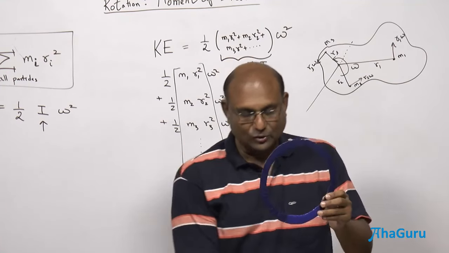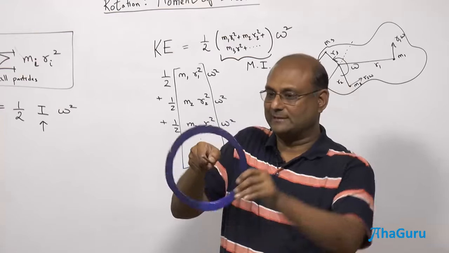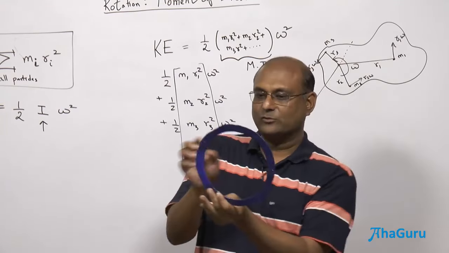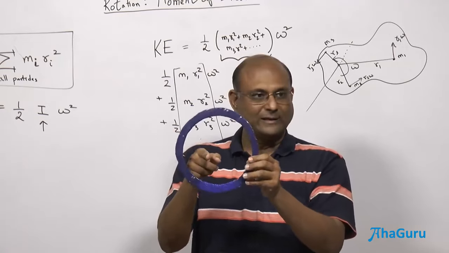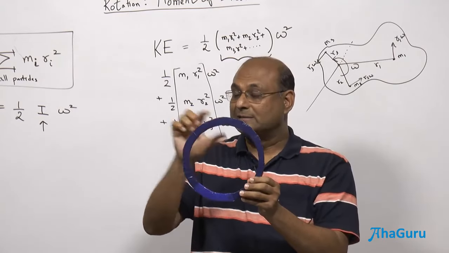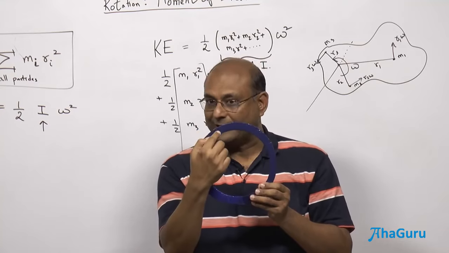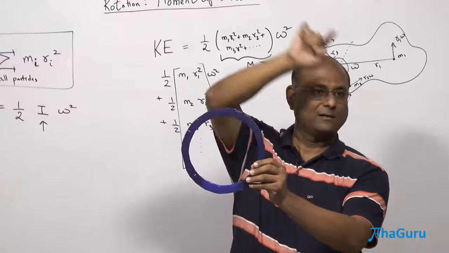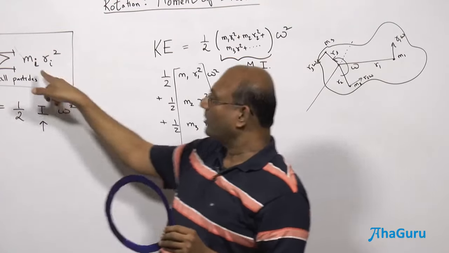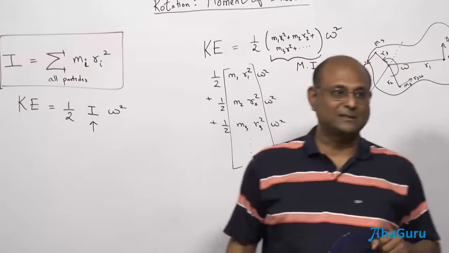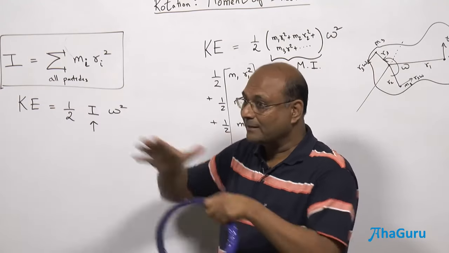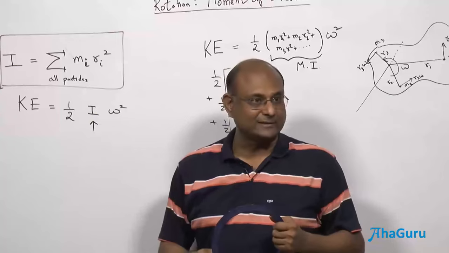That means if I now assume that this fellow is rotating about this axis, okay, so if this is the axis and this is going around like this, then look at the distance of each particle. Suppose this same mass was distributed over a bigger ring. Will it have more moment of inertia or less moment of inertia? More moment of inertia. Why? Because the mass is the same, but the distances have all increased.